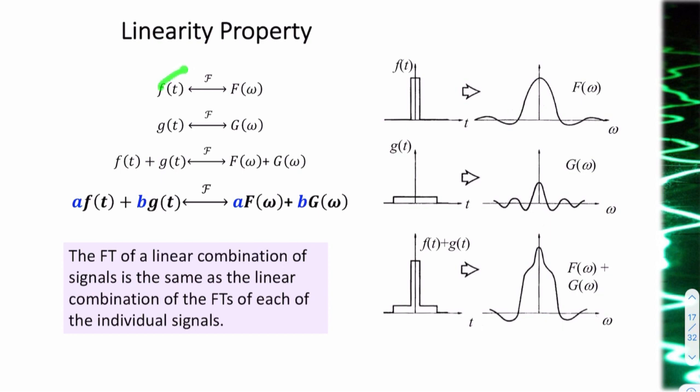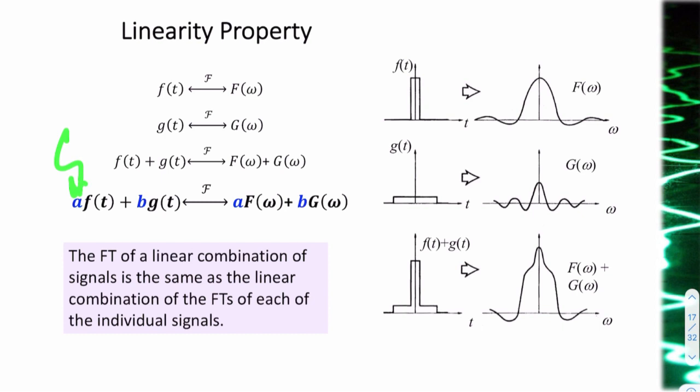So f of t corresponds to F of omega, and g of t corresponds to G of omega. So if I were to add the two, linearity means that the spectra would be added together. So f of t would be F of omega, g of t gives you G of omega, and if you add these two, the spectrum will be the sum of the spectra.